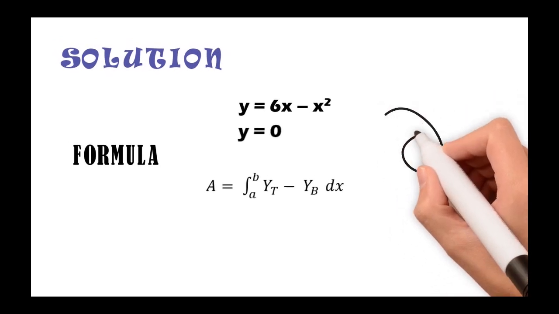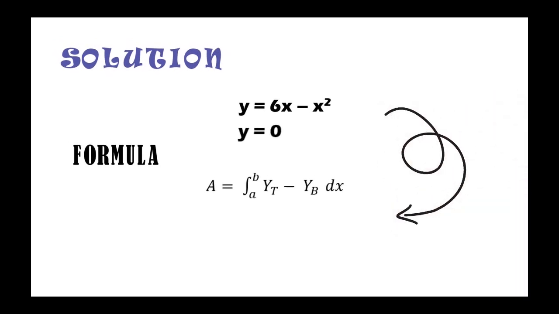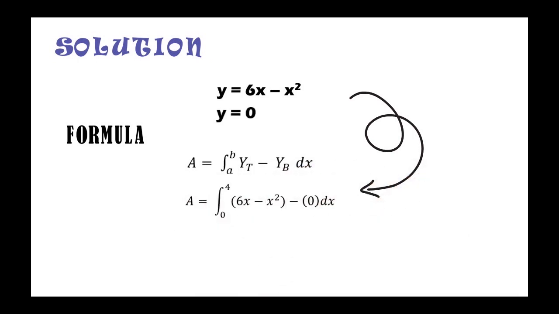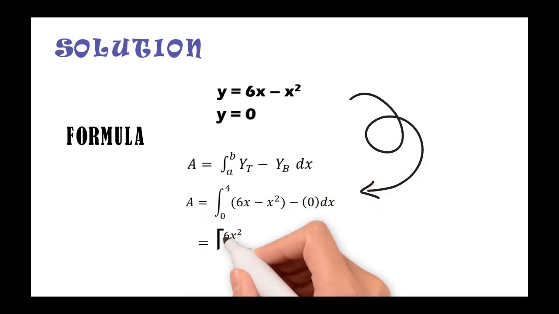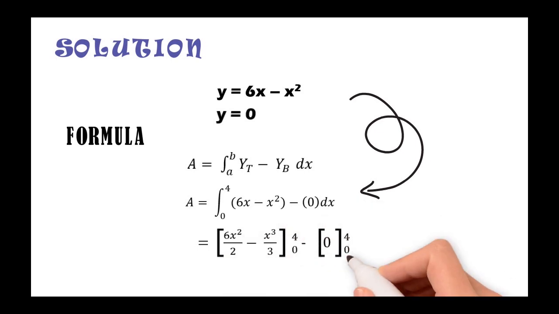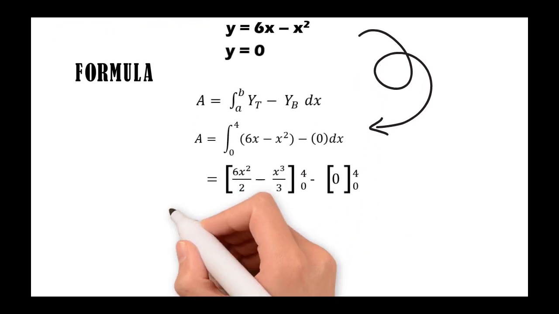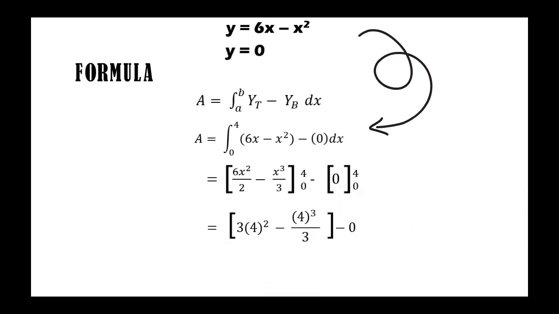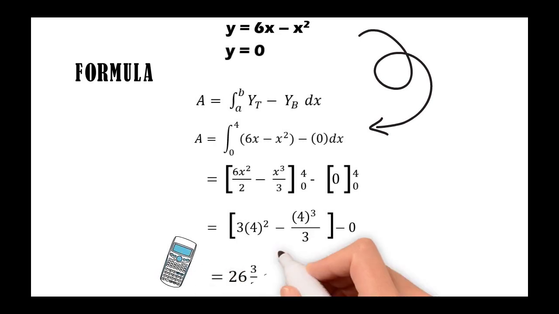With the information that we get, substitute it into the formula, which is a is 0 and b is 4, and substitute the function. Here we use the rule of integral that we need to plus 1 to the power and divide it by the power. Then we substitute the limit given into the x. Use your calculator, and then we find that the area is 26 3/2 unit square.